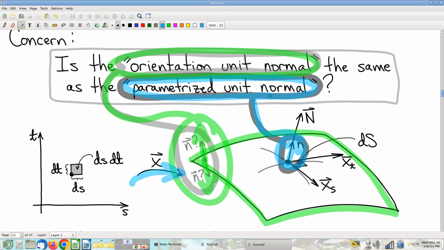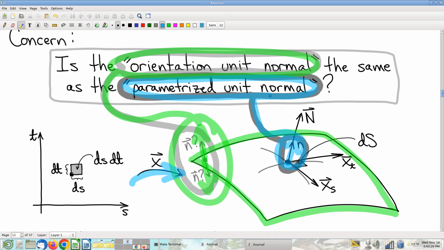We just write down a parameterization, which means we arbitrarily pick effectively what orientation we're going to use. And it's a coin flip. Maybe it's right, maybe it's wrong. The surface could have been oriented in either of these directions, and our parameterization was completely blind to that when we wrote it down and therefore got our parameterized unit normal.